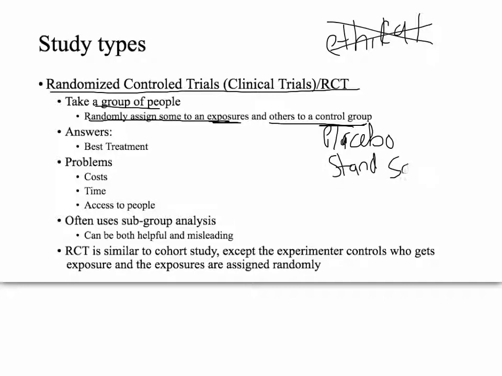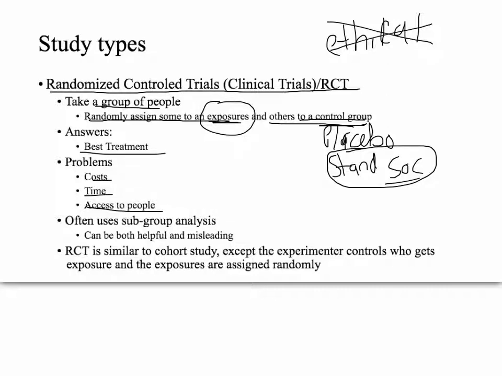Usually SOC, standard of care. So I want to see, does this new medicine work better than the old medicine at treating a disease? And so you compare this new medicine or this exposure to a control group, which is the standard of care. This costs a lot of money, a lot of time. You have to have access to the right people, so there's a lot of problems with it, but you can use it to determine the best treatment.